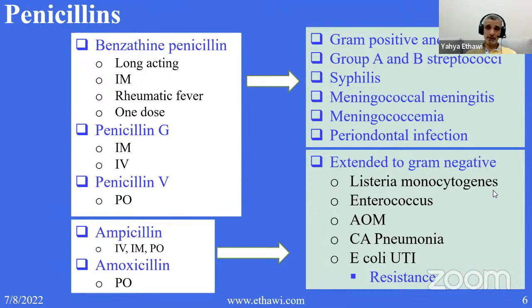Antibiotics such as penicillin are very active against syphilis. All penicillins are active against meningococcal meningitis and meningococcemia. We use them in periodontal infection, anything associated with teeth infection.